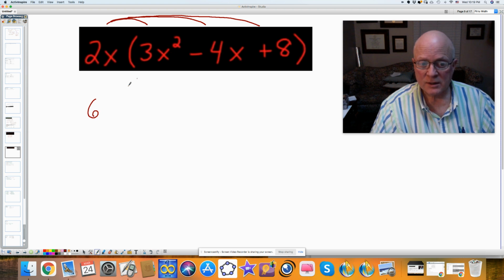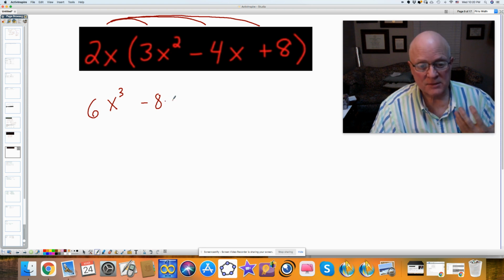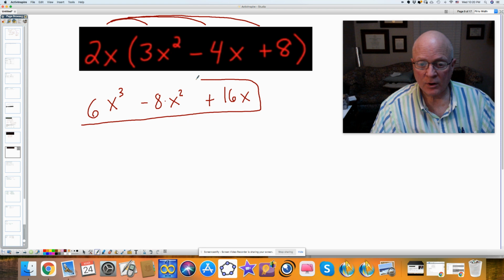X to the 1 times x squared is x cubed. When I go 2 times a negative 4, that's a minus 8. I have the x times x, that's not 2x, it's x times x, which is x squared. And then I have 2x times 8, which is going to be 16x. Essentially I'm doing the same things I did before, only I'm doing more of it in my head.